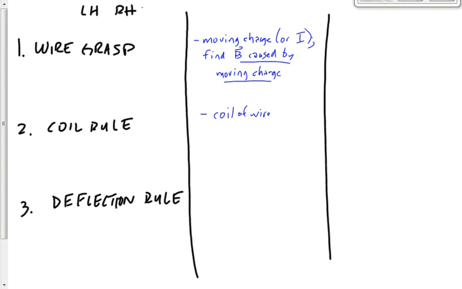What's another word for coil of wire, by the way? Starts with an S. Somebody said it? A solenoid. The good news is, if you forget that word and you're given that word on a test, there's probably going to be a picture as well. So if you forget what that word means, you're probably going to be reminded by the picture that shows a coil of wire. You get a coil of wire with an electric current in it.